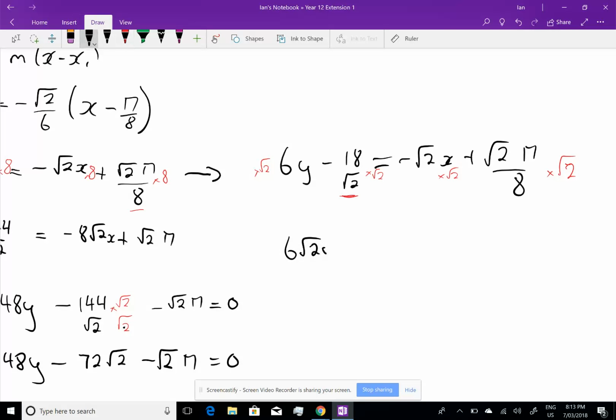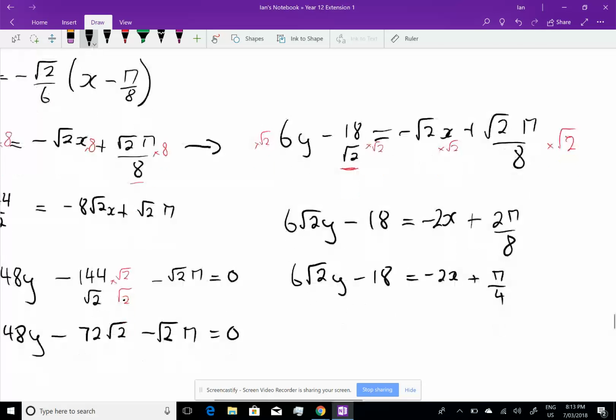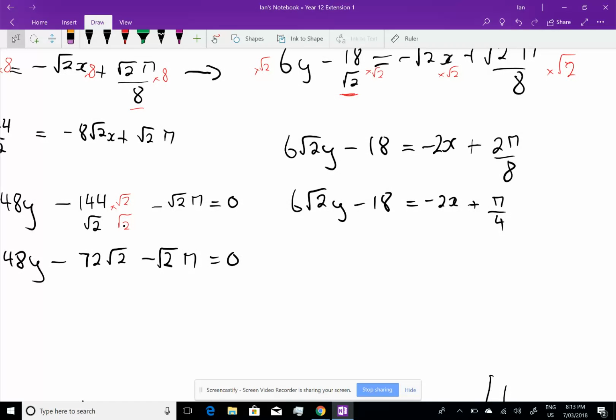6 root 2y. Well, that goes minus 18. What's this? Root 2 times root 2? Root 2 times root 2, I get, oh, idiot, 2x, root 2 times root 2, plus root 2 times root 2, 2 pi on 8. Oh, so I get 6 root 2y minus 18 equals minus 2x plus pi on 4. I suppose I could get rid of that 4.